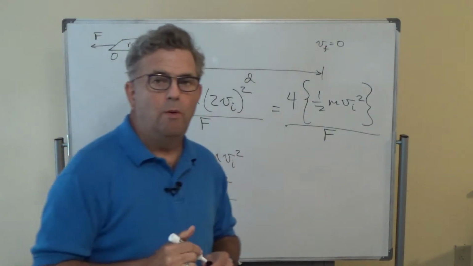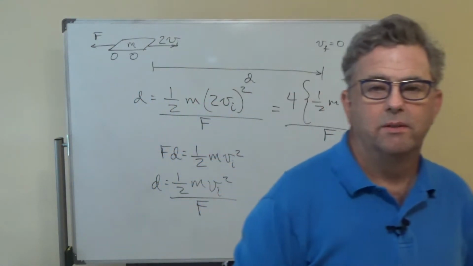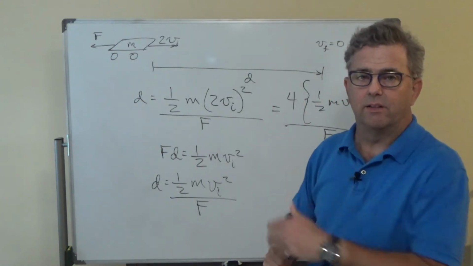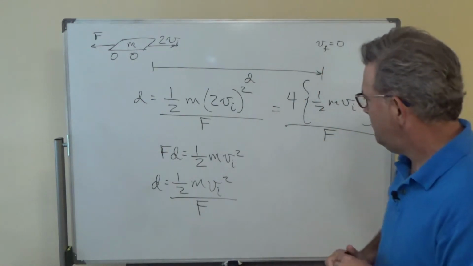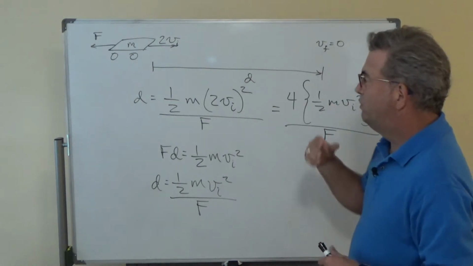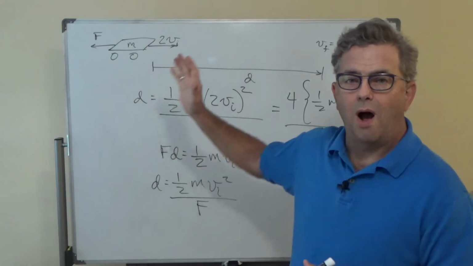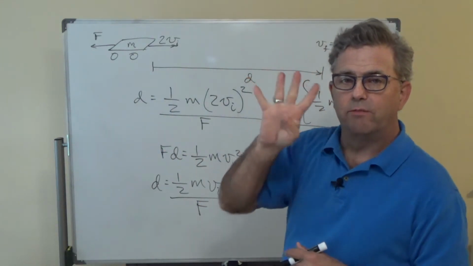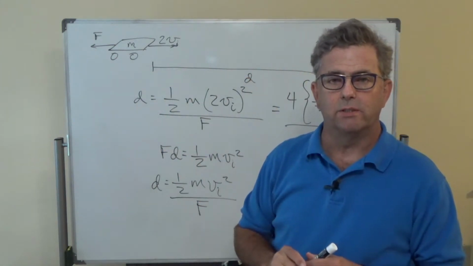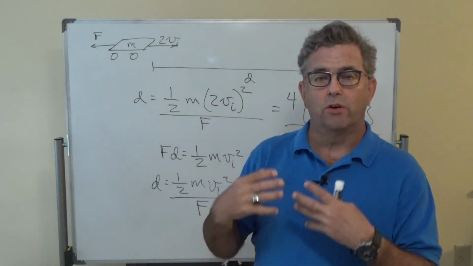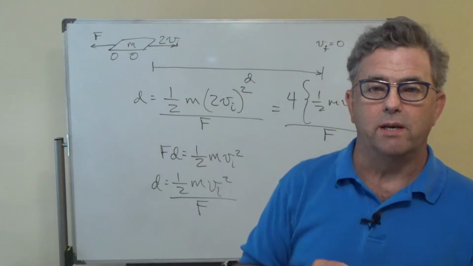It takes you 4 times the distance to stop than it did in the first case. If you double your velocity, you don't get twice the stopping distance, you get 4 times the stopping distance, because your kinetic energy went up by 4 times.